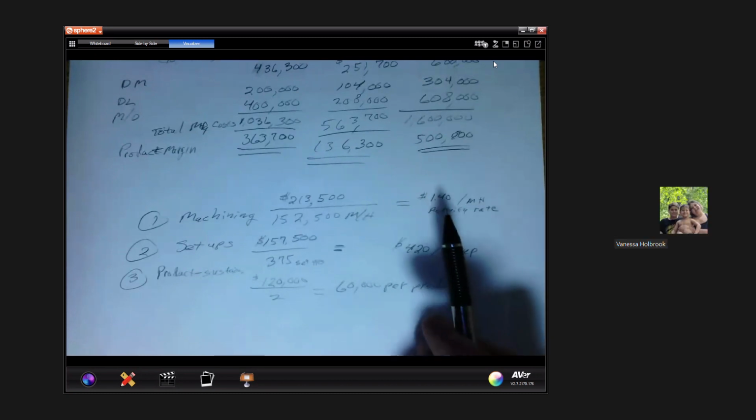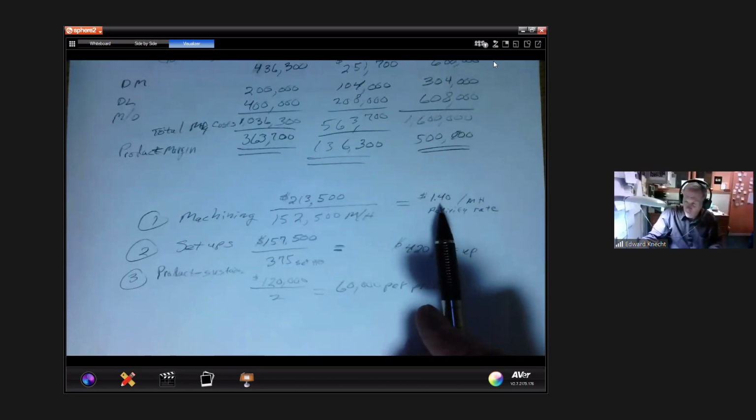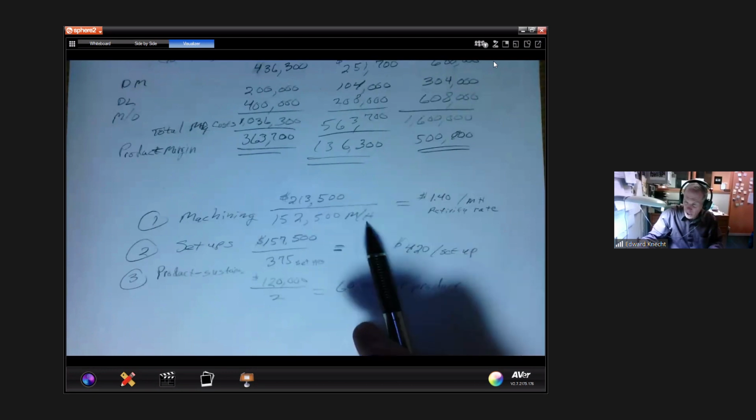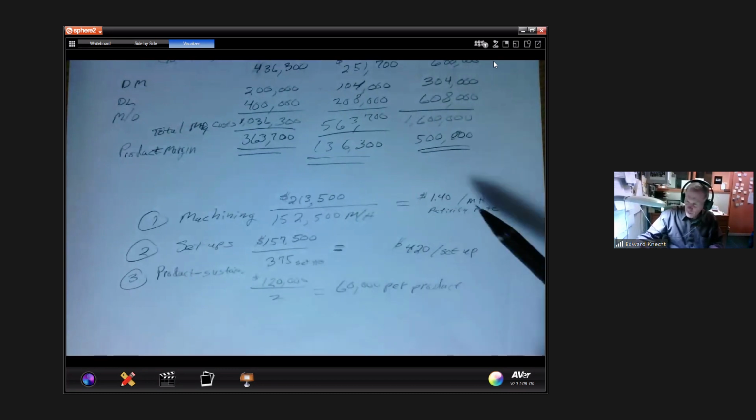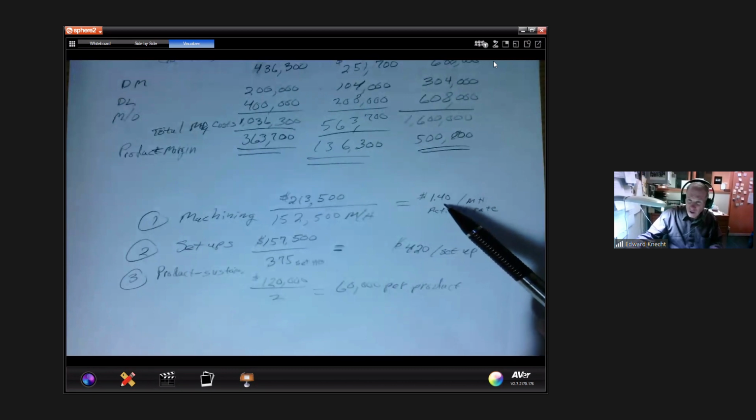So we're going to show $1.40 for every machine hour. How many machine hours did B300 have? Was it 90,000 machine hours? Yes. So multiply 90,000 machine hours times $1.40. That's the activity rate for machining.